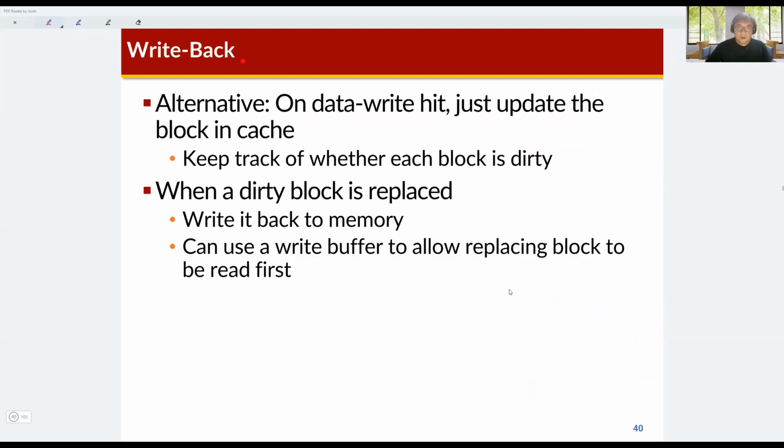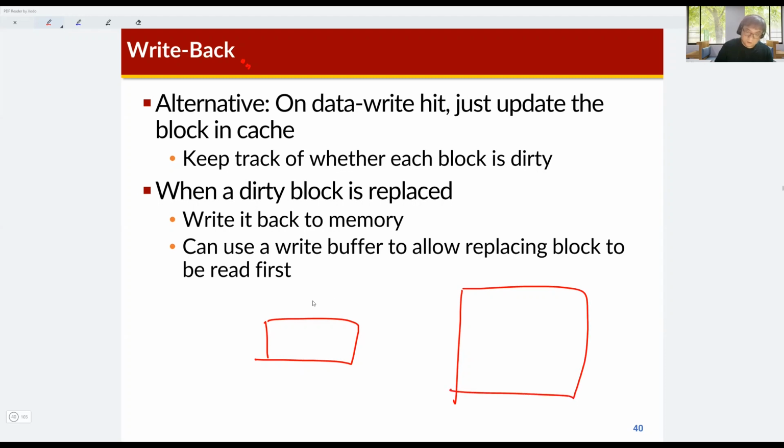Okay, another method is write-back. So this is the cache, and this is the main memory, which is very large. When a store instruction is executed by a processor, a certain cache block is updated by this store instruction. With the write-through method, when this cache block is updated, the update is immediately reflected to the main memory.